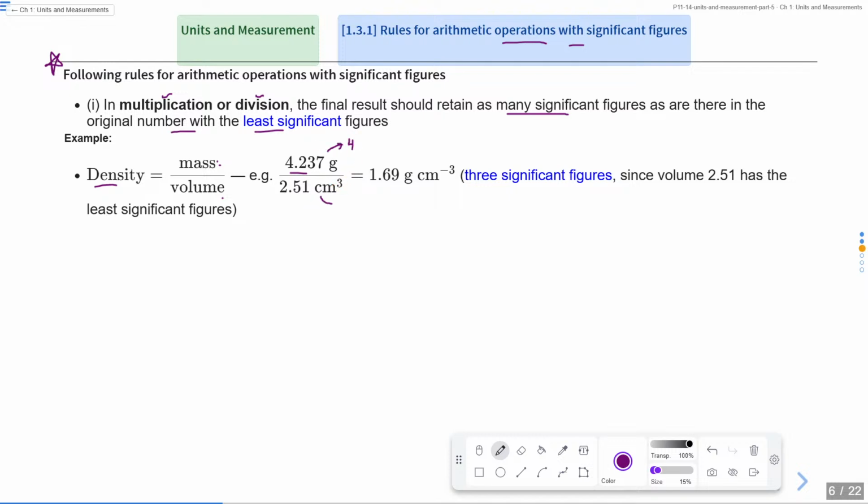How many significant figures in volume? 3. So, for division of two quantities, mass upon volume, according to the rule, the final result, that means density, should retain as many significant figures as there are in the original number with the least significant figures.